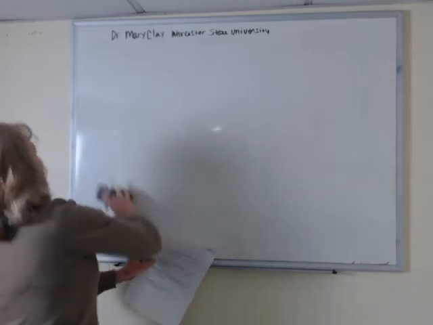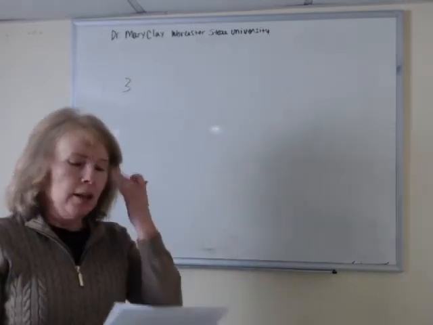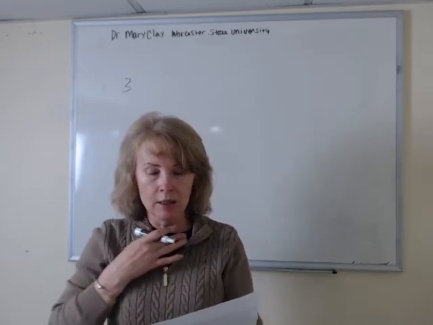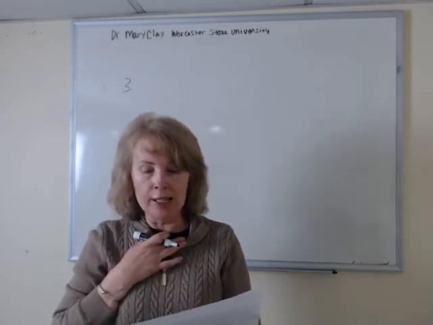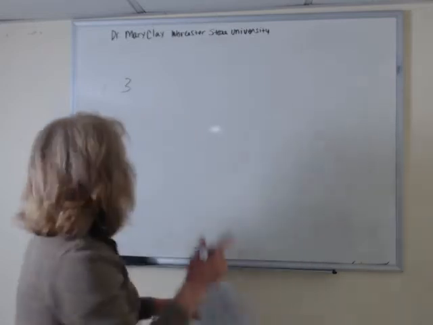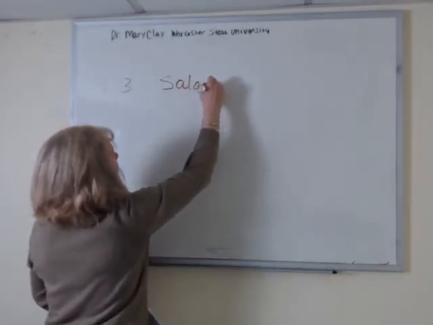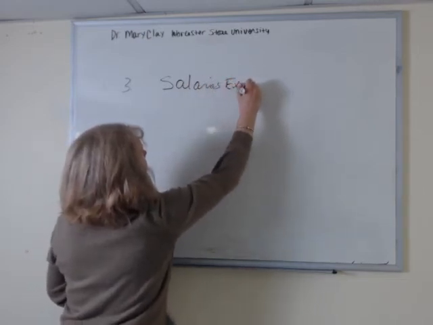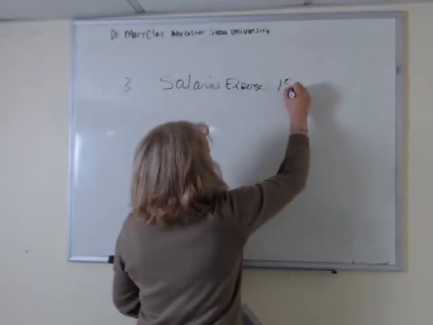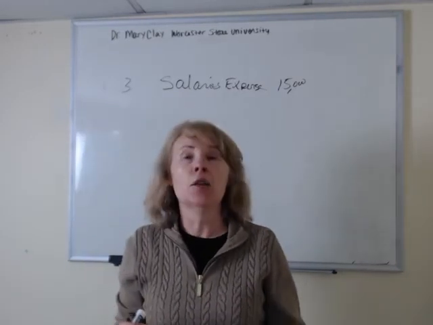All right, let's go to number 3. Convert Clay Company's salaries expense from its income statement into payments to employees for its statement of cash flow. So you're trying to figure out your payments to employees. You'll start with salaries expense, which is 15,000. Then you're going to have a decrease in salaries payable.